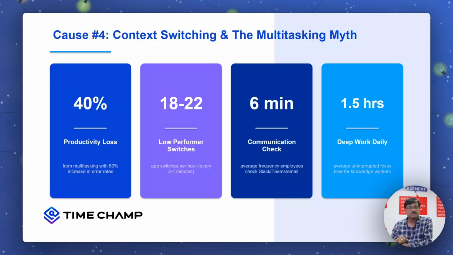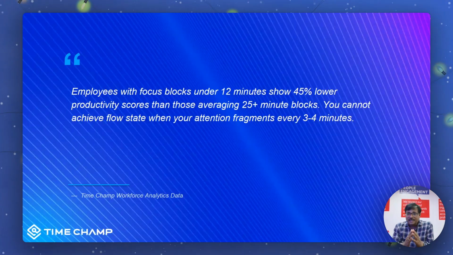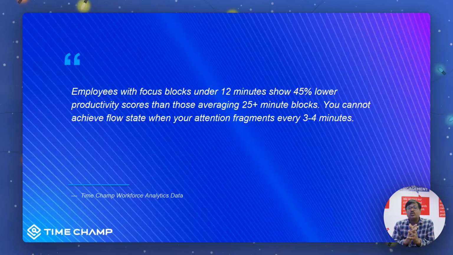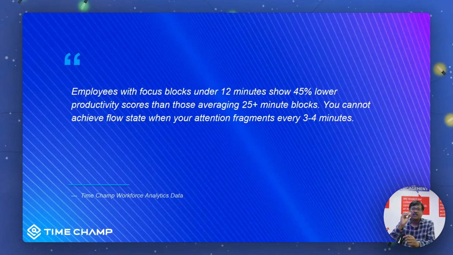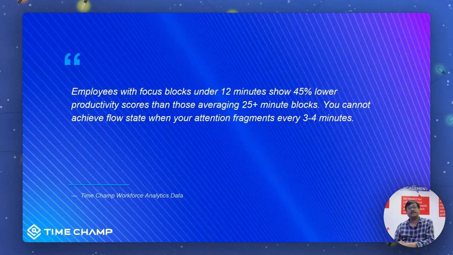Low performers, any guesses? I'll tell you. 8 to 22 switches per hour, not per day. That is a switch every 3 to 4 minutes. You can't achieve flow state when your attention fragments at that frequency.